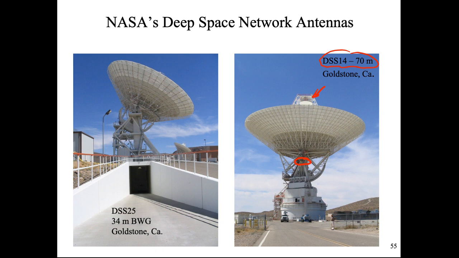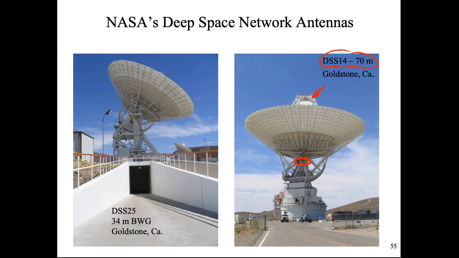Western Australia, near New Norwich. And they are located more or less in Canberra. New Norwich is the ESA antenna. It's in Eastern Australia.